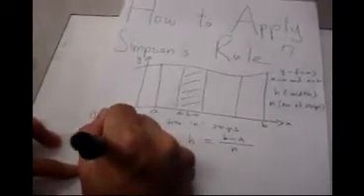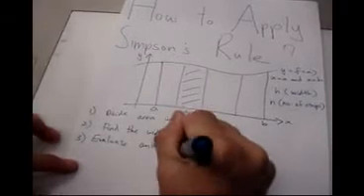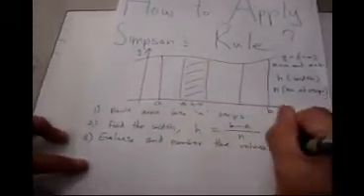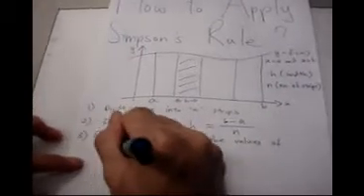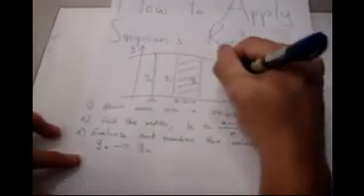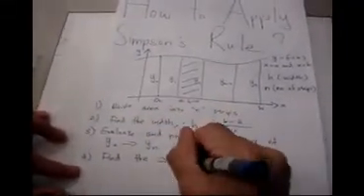Third step, evaluate and number the values of y0 to yn like this. Fourth, find the approximate area.